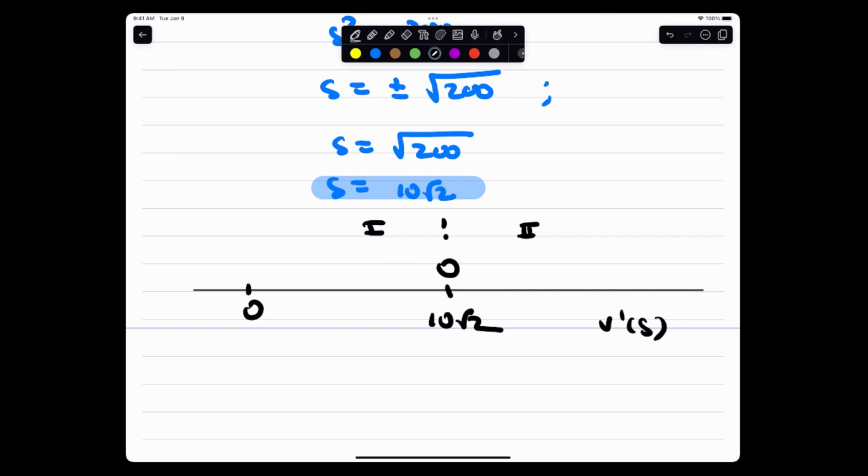And then you're going to have to use 0. Do you guys happen to know what is 10 times the square root of 2? Yeah, it's 1.4, about 14. So let's set 5 as a test point, and maybe 15 as a test point. Or maybe to be safe, 20. Okay.